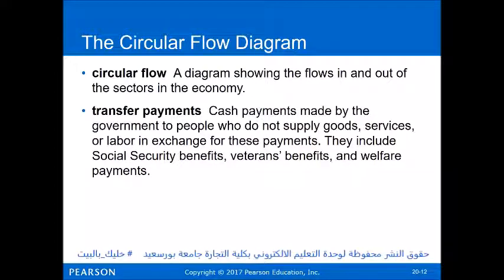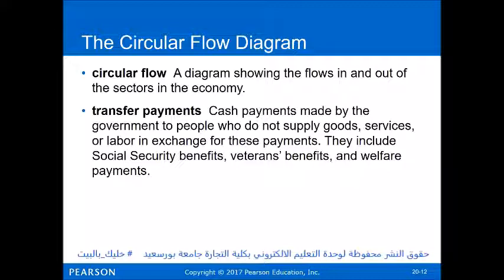To learn how the macroeconomy works in practice, we should have an idea of the so-called circular flow diagram. The circular flow diagram is a diagram showing the flows in and out of the 4 sectors of the macroeconomy: households, firms, the government, and the foreign sector. Now, what are transfer payments?